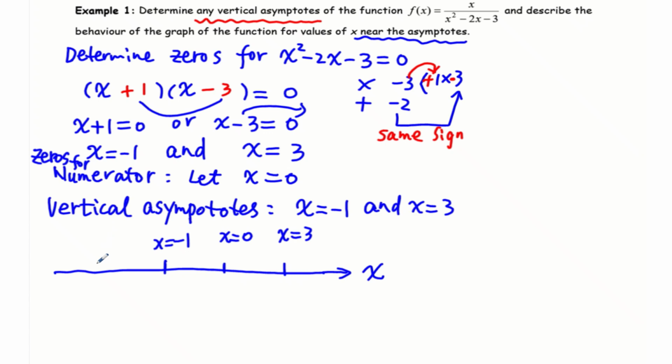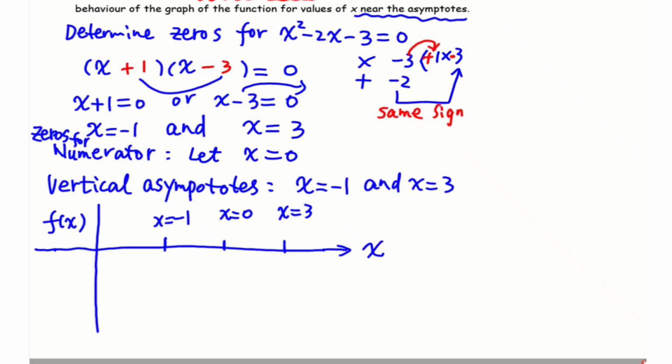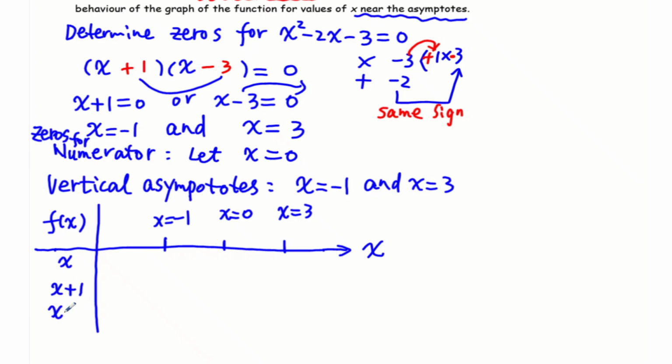So here is our function f of x. We want to find whether f of x is positive or negative. In order to find that, we want to look at all the factors. The numerator is x, and in the denominator we have x plus 1 and x minus 3 as factors.